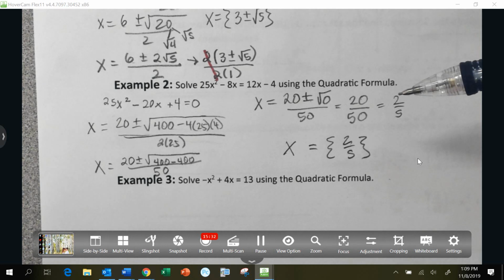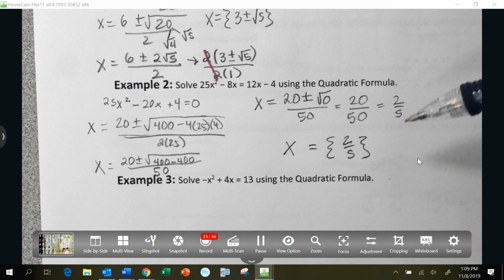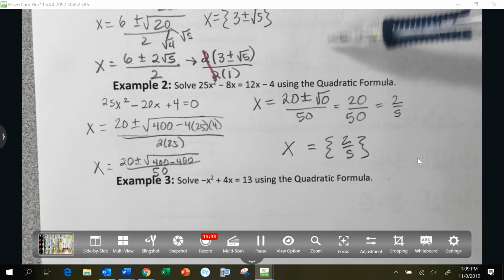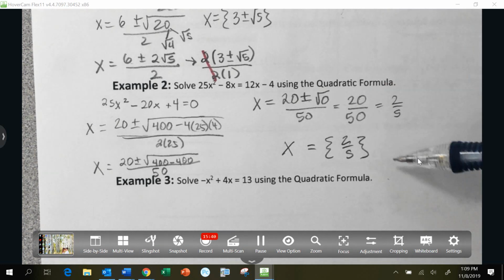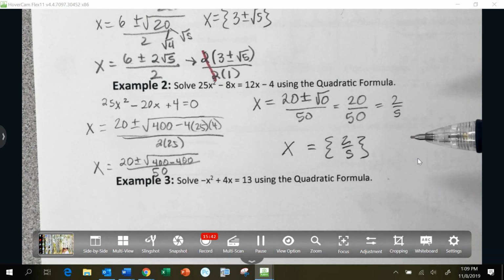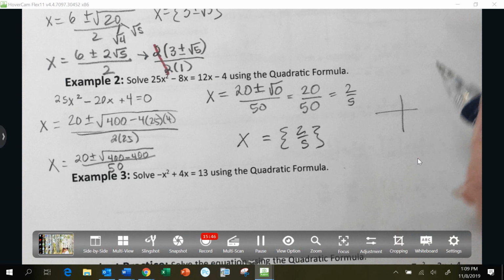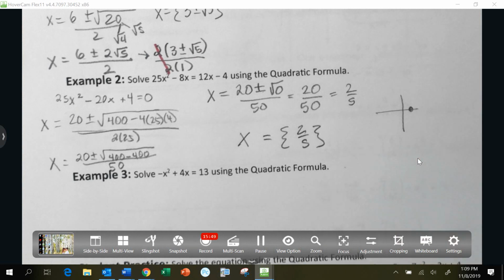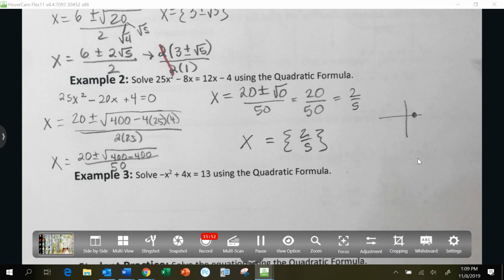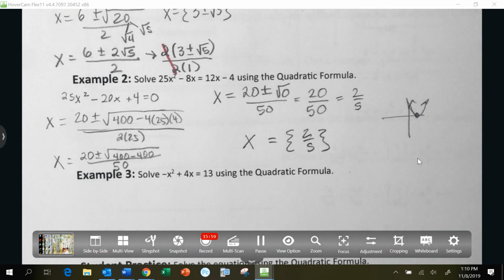Right, we drop the radical because it's 0. How many answers did I get for the ones up here? 2, and I only got 1 answer for this. What does that mean for the graph? It only has one x-intercept. That is the vertex. Yep, that's what it means. So that one just has one.